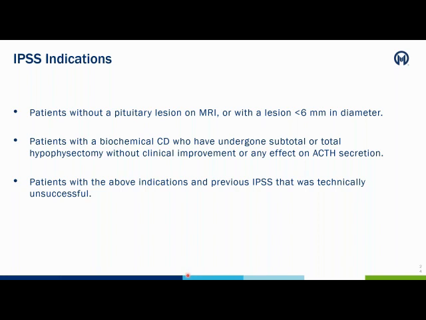Because it's very rare and unlikely that a patient with Cushing's disease, or a pathologically diagnosed Cushing's disease in the past, will develop an ectopic source or somewhere else.